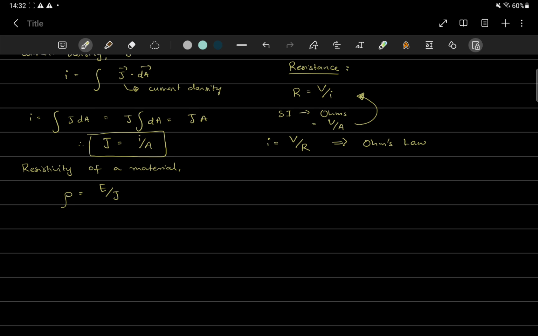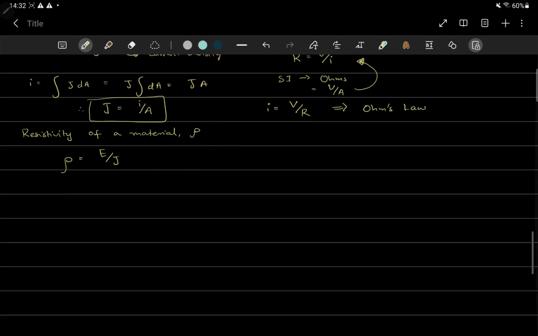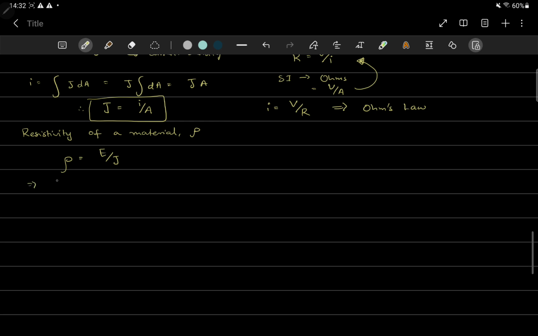And this is the definition of rho, which we are calling the resistivity of a material. Okay. In fact, you can write this also in vector form, and you can write E as rho times J, and therefore you can have a vectorial representation of the resistivity like this.